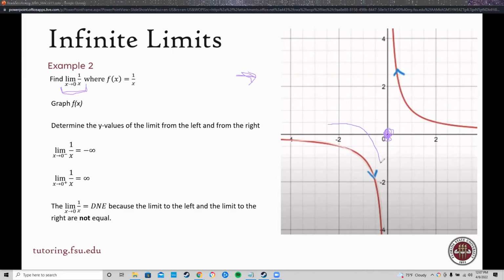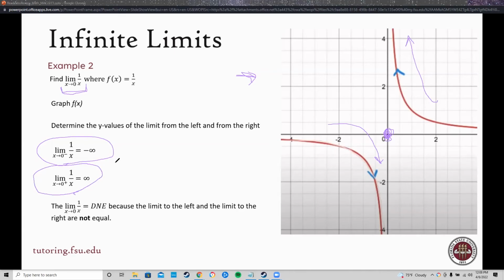On the left-hand side, the function approaches an infinitely negative y value, so I'll say that this is approaching negative infinity. On the right-hand side, the graph is approaching an infinitely positive y value, so I'll say that it's approaching positive infinity.